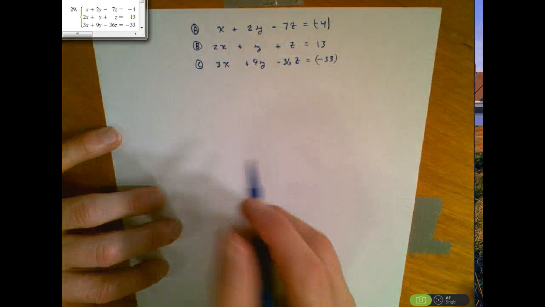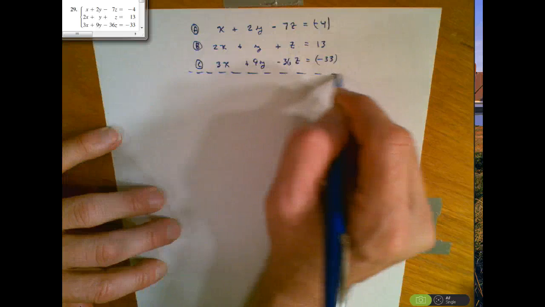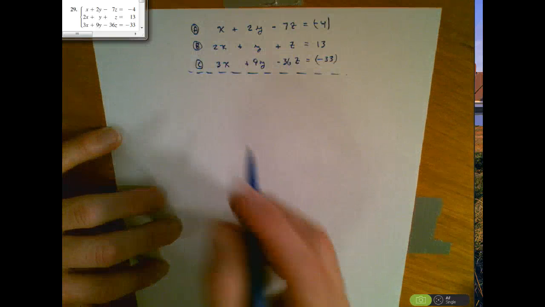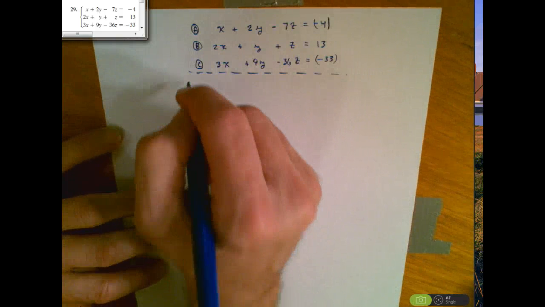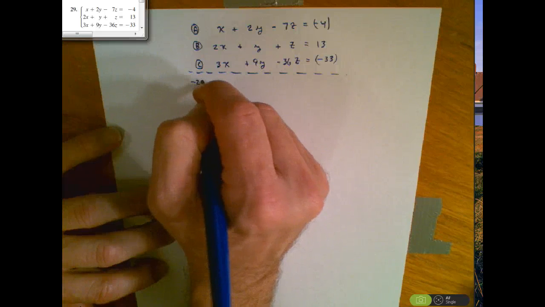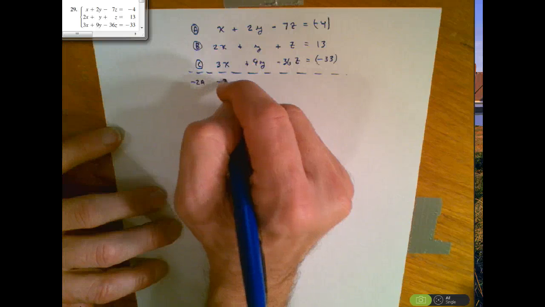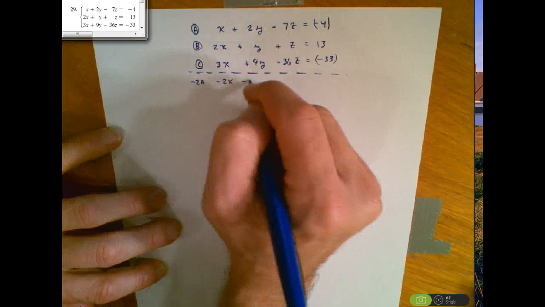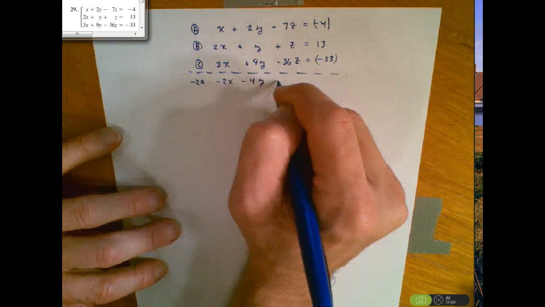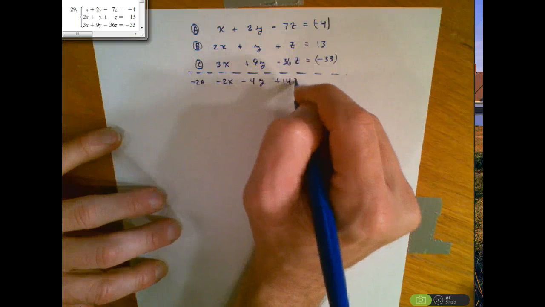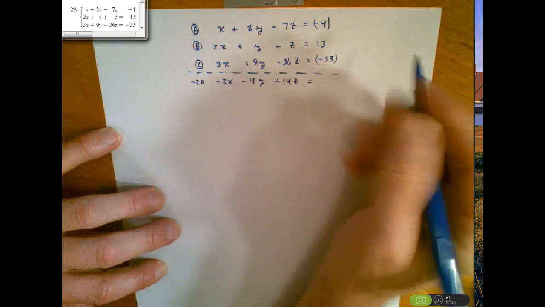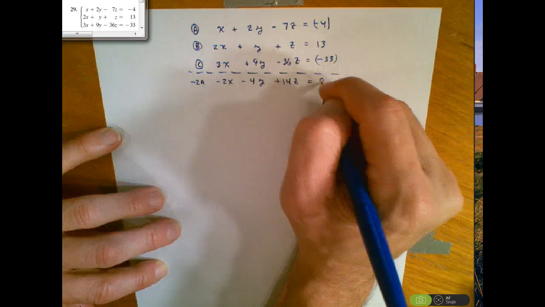I'm going to start out by eliminating the variable x using equations A and B. So if I multiply equation A by -2, I end up multiplying everything by -2, so I get -2x minus 4y plus 14z is equal to -2 times -4, which is 8.